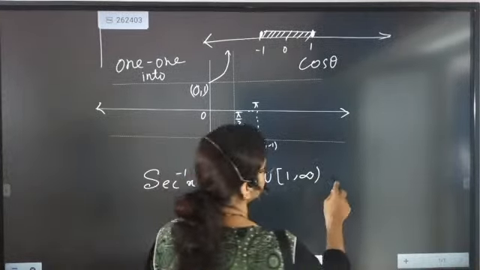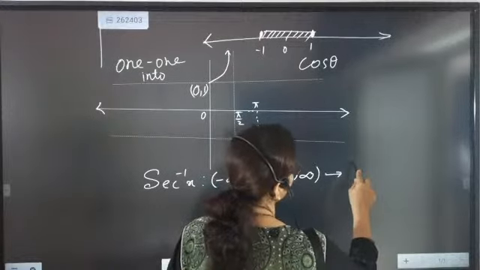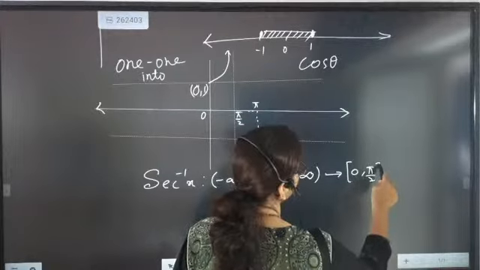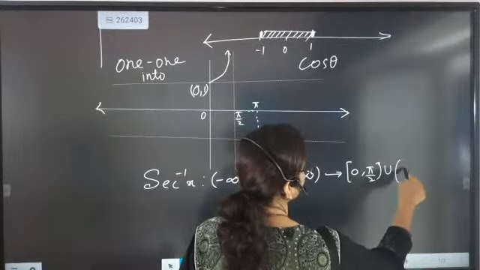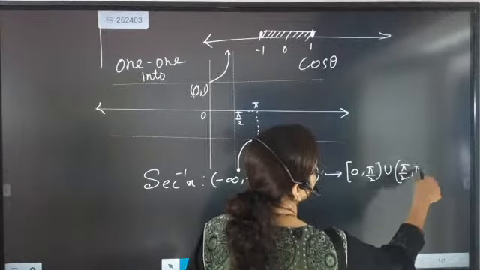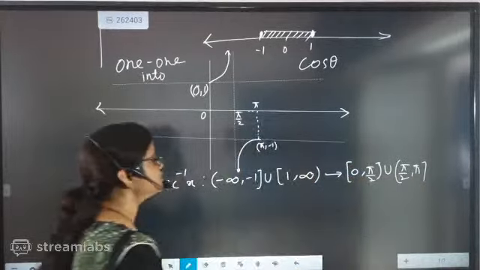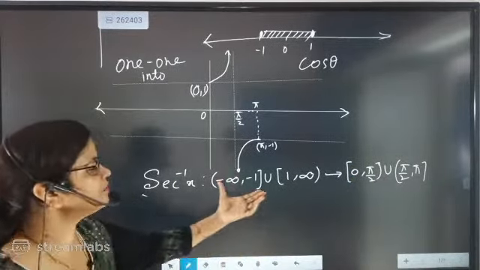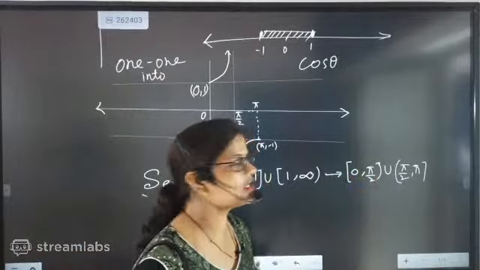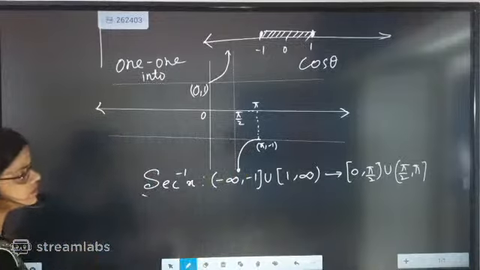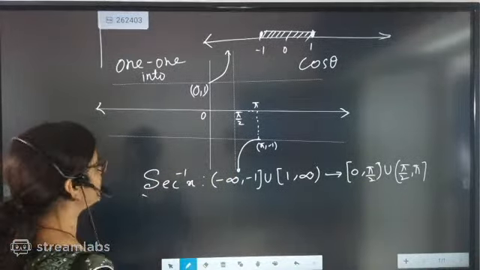Now the range will come as 0 to pi by 2 union pi by 2 to pi. So this part will come for secant inverse. Now this will become the domain and this will become the range. So this section for secant inverse x we have taken.